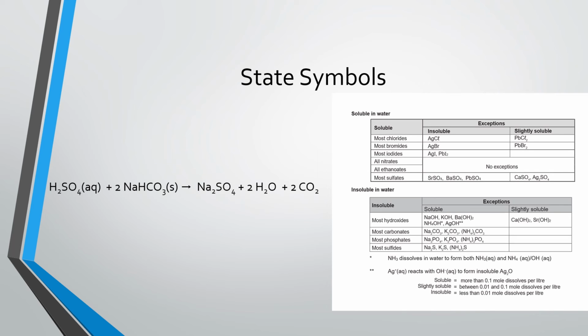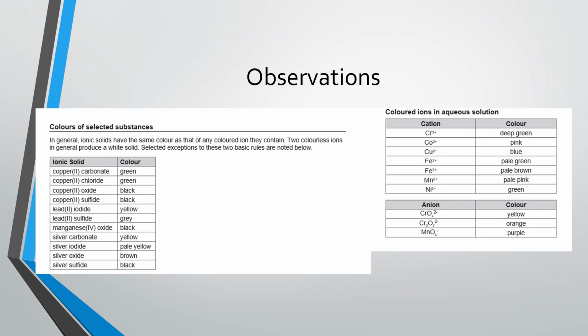Now what we're going to do is work out their state symbols. So sodium sulfate, I find sulfates. Most sulfates are soluble, and that includes sodium sulfate. So that would be aqueous, water is a liquid, and CO2 is a gas. Observations.